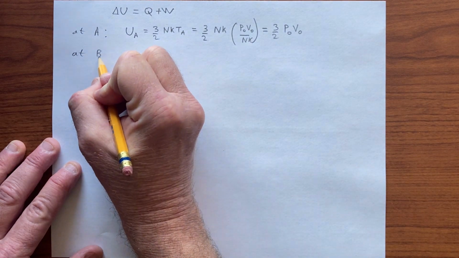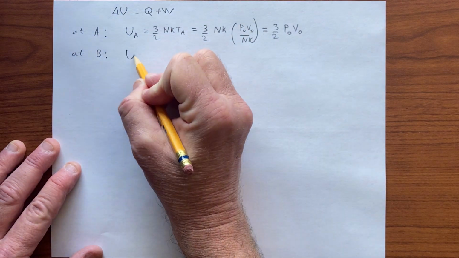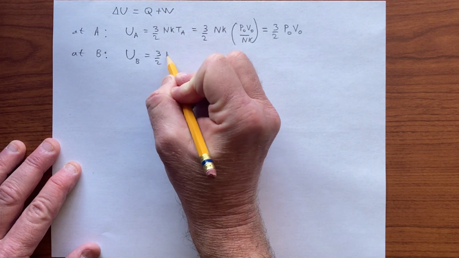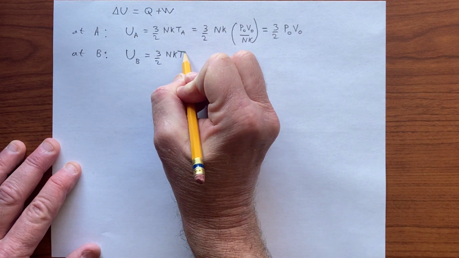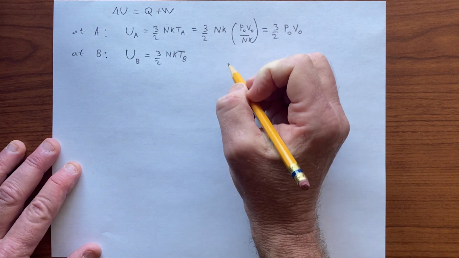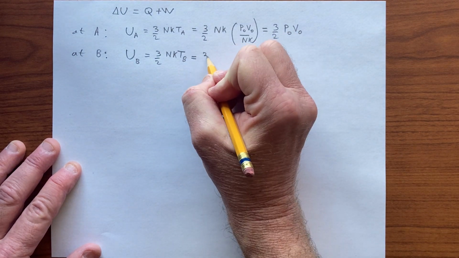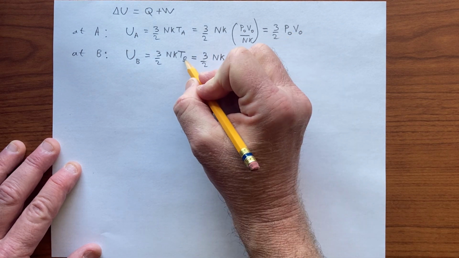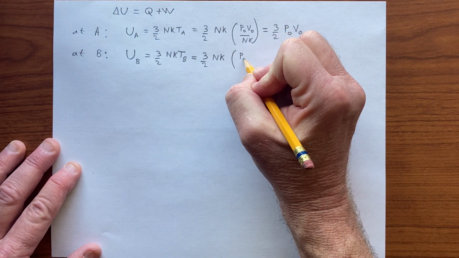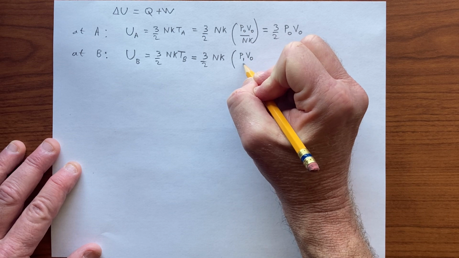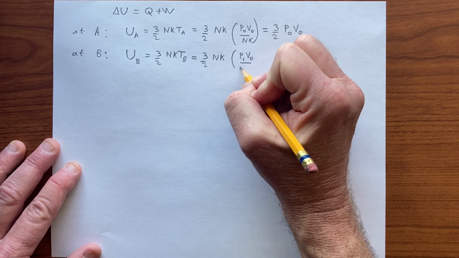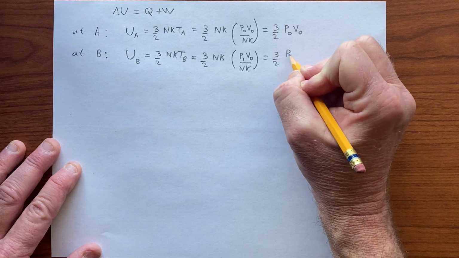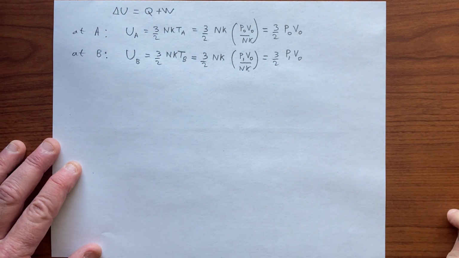At point B, the internal energy is, from this, it must be TB, which in terms of the known quantities is 3/2 NK. Let's replace TB with the value that we got previously, P1 V naught over NK, and therefore we have 3/2 P1 V naught.